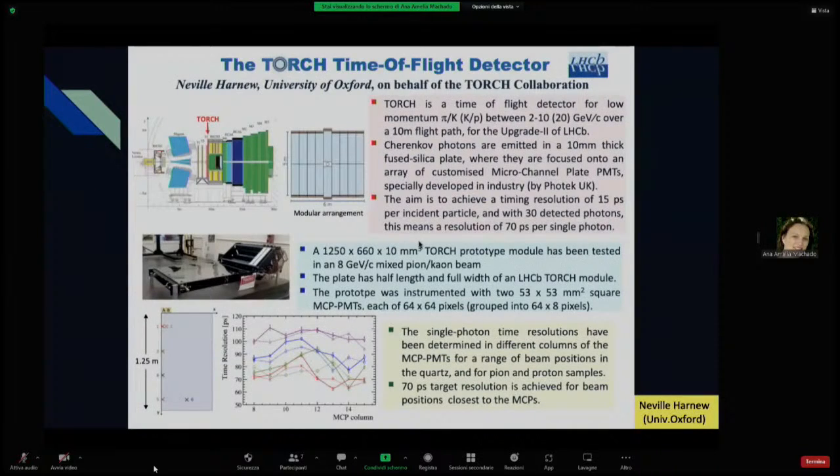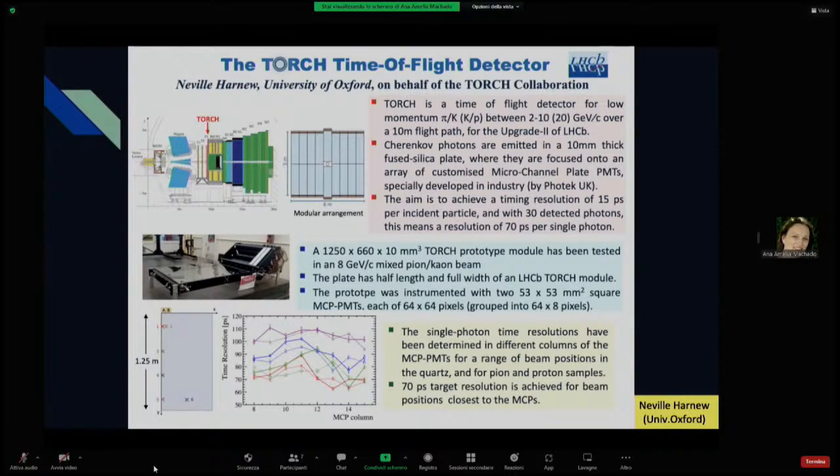The TORCH is a large area time-of-flight detector proposed for the upgrade of LHCb. A prototype is already done with a 125 by 66 by 1 cubic centimeter fused silica radiator with 2 microchannel plate photomultiplier tubes.